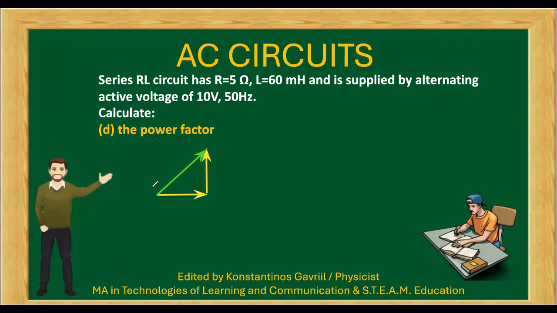As we can see here, here is Z. Here is R. And here is XL. And here is theta. So the power factor is cos theta equals R above Z.